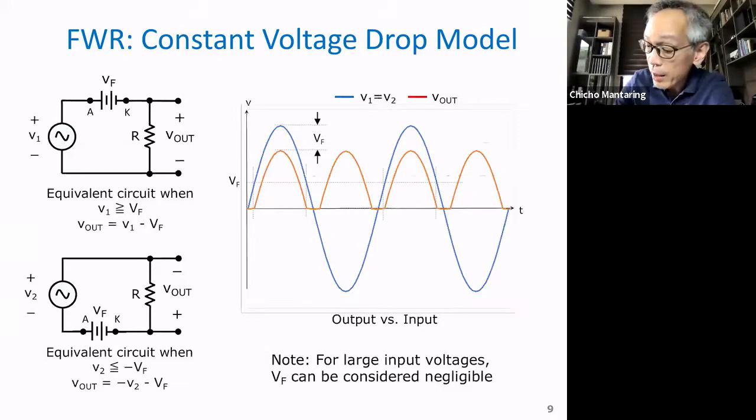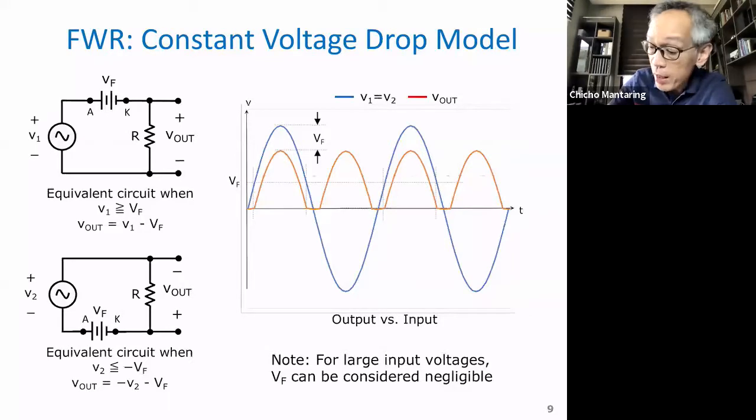On the other hand, this is the equivalent circuit when V2 is less than or equal to minus V sub F. That is when the bottom diode will conduct.